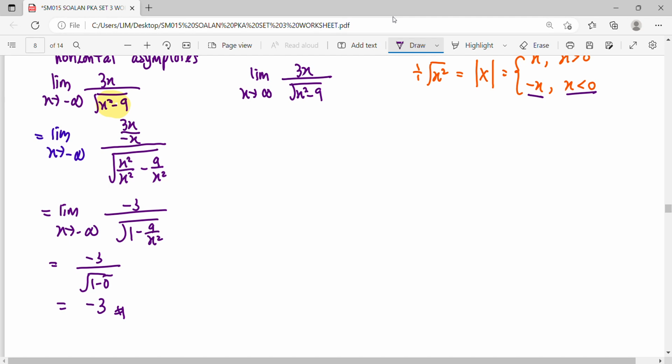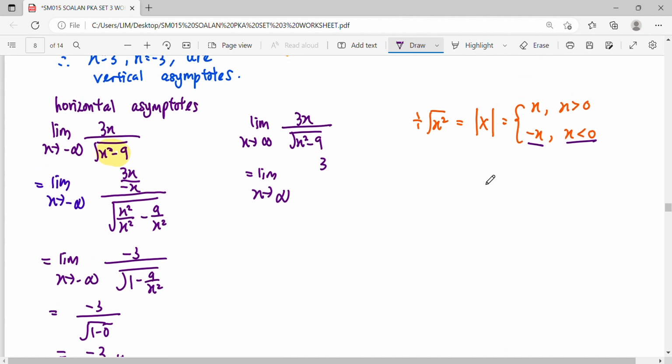Continue for positive infinity. We want to simplify this indeterminate form. Because it approaches positive infinity, it means your x is greater than 0, so we will pick positive x. Within the square root, we still divide by x squared.